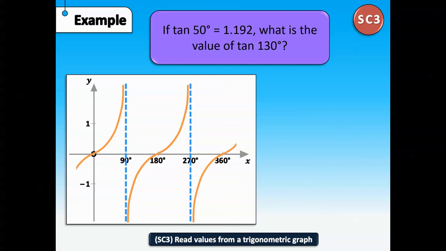If tan 50 equals 1.192, what is the value of tan 130? So if we have a look at these 2 points on the graph, there's 130 and there's 50. You can see that tan 130 will be exactly the same as tan 50, except it will be negative.